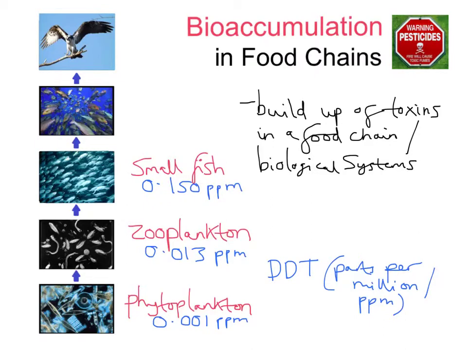So we can see this concentration is slowly going up and up. The small fish are eaten by much larger fish, and we can get a parts per million of size 1.4. And then finally we've got this bird at the top, the osprey. We'll call this the large bird at the top.